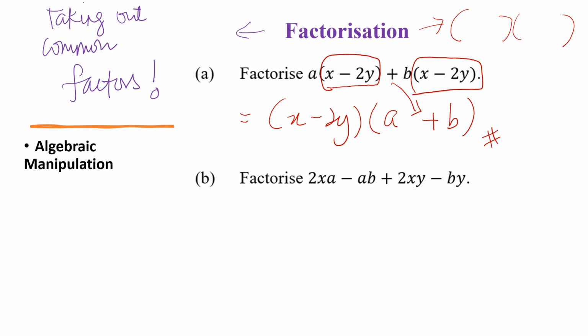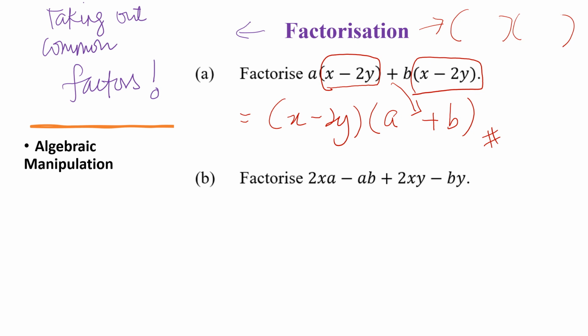Part B is slightly more confusing, because in part B we have to find our own common factors first. In part A, the common factor has already been found for you, so life is easier. Part B, life is tougher. You must go and find your own bread and butter. But it's not difficult.